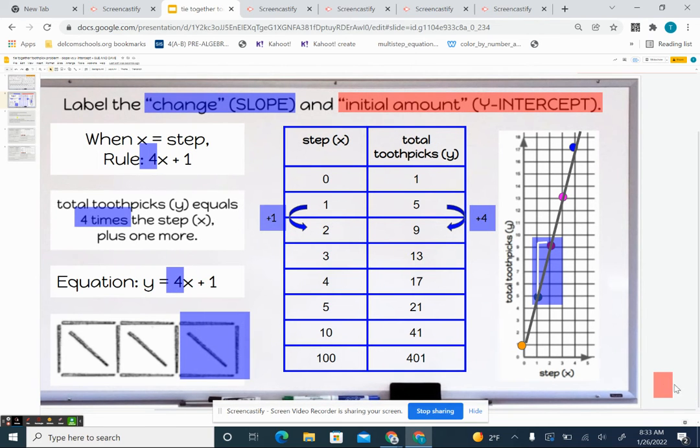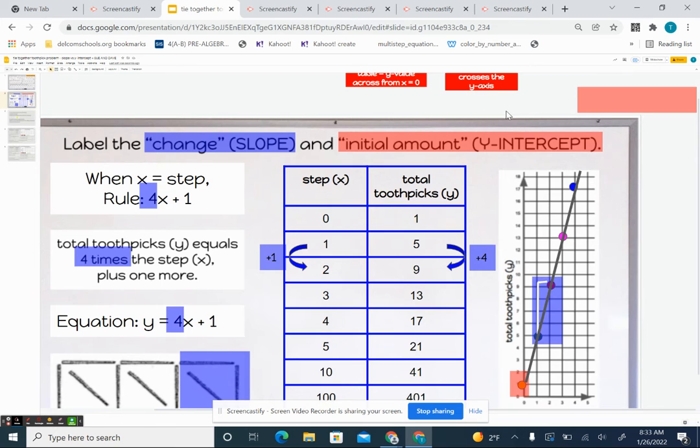That point is the initial amount. The initial amount will always be where your graph crosses the y-axis.